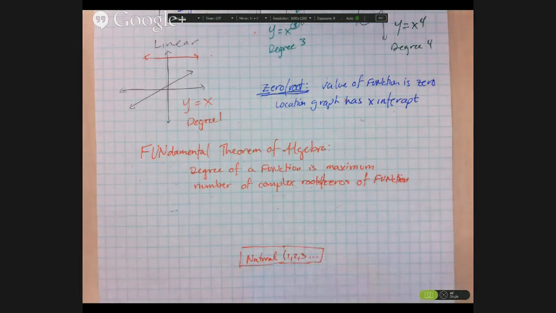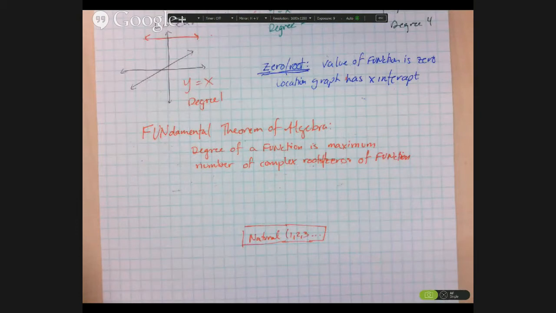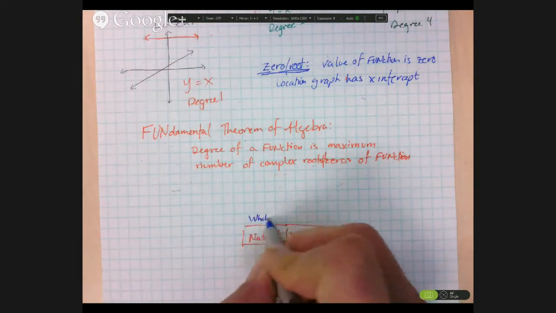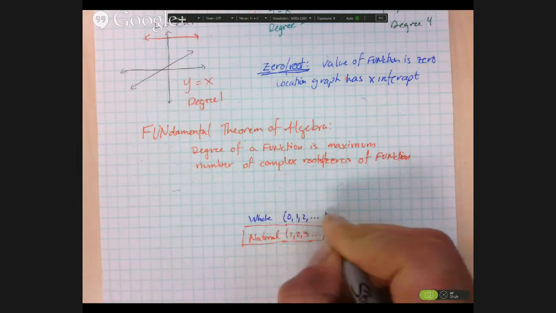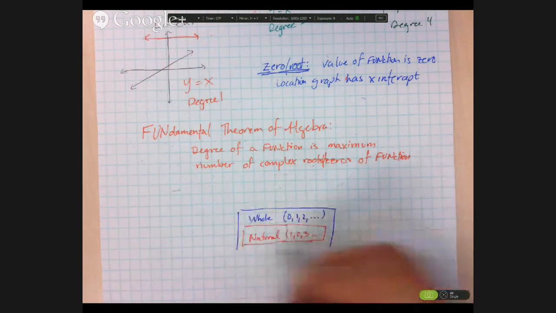Natural numbers. What's next? Which one is it? It's the whole numbers. The whole numbers add a 0. So they include the naturals.